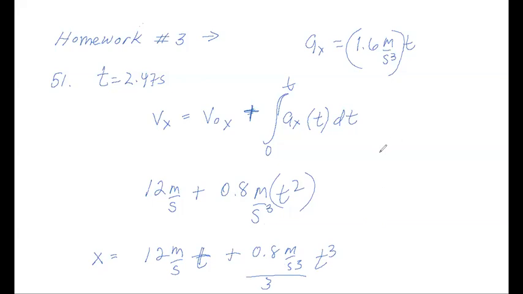And that's going to be, let's see, x equals 12 meters per second times t plus 0.8 divided by 3, which is 0.2667 meters per second cubed, times t cubed.